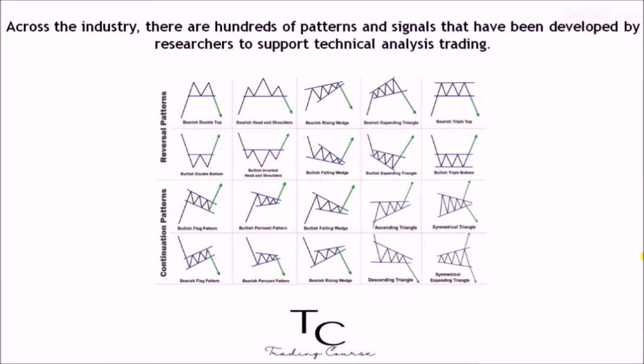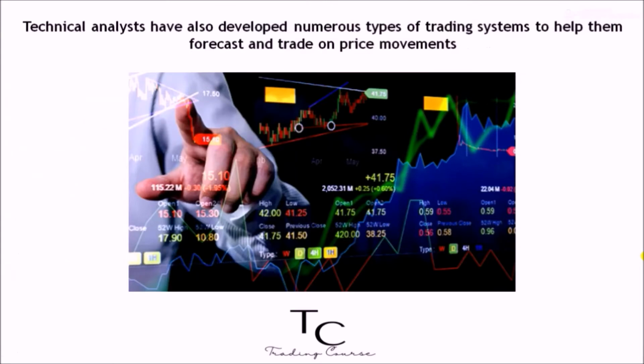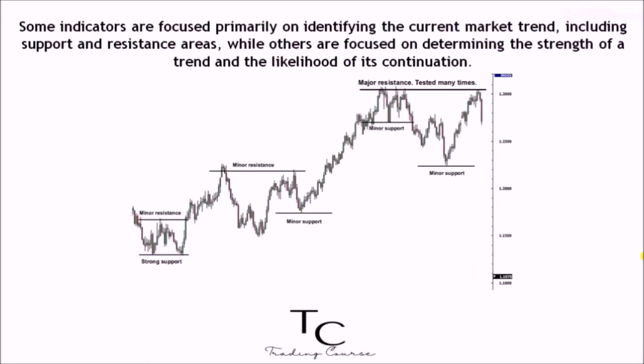Across the industry, there are hundreds of patterns and signals that have been developed by researchers to support technical analysis trading. Technical analysts have also developed numerous types of trading systems to help them forecast and trade on price movements.